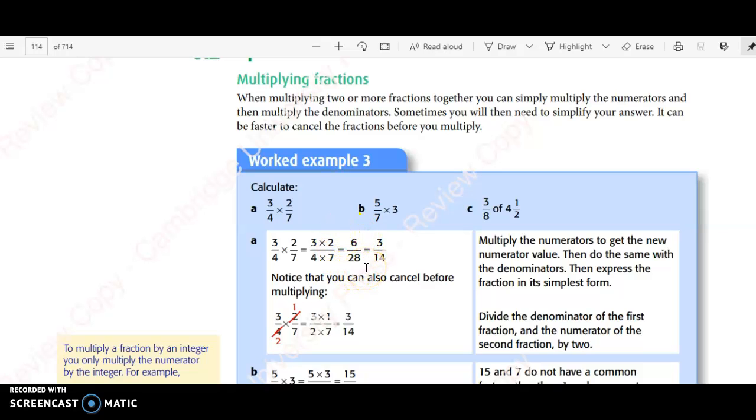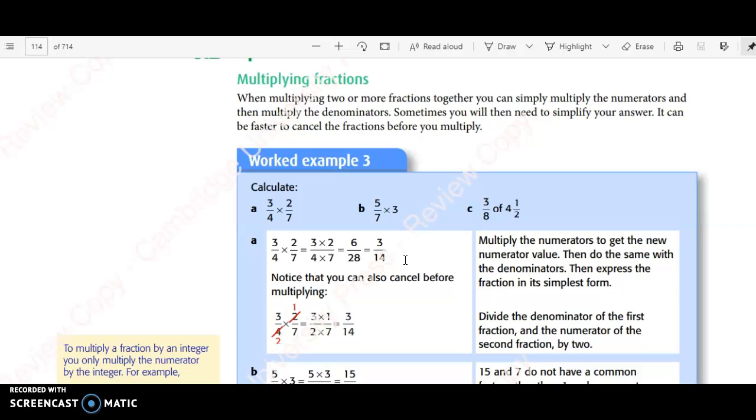If you think that the fraction is not in its simplest form, so you have to make it into its simplest form. So 6 and 28 are even numbers, so we can divide it both by 2. So we have 3 out of 14. 3 is a prime number, so we cannot divide by any number as well.